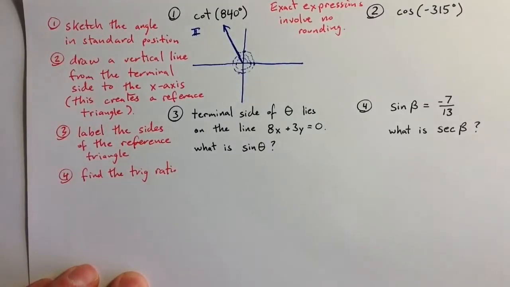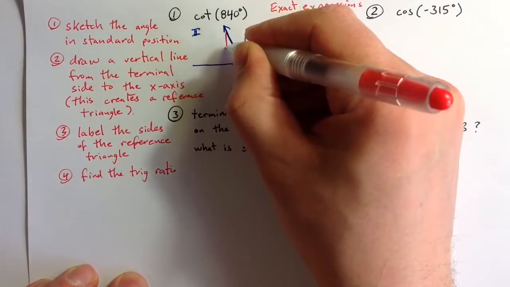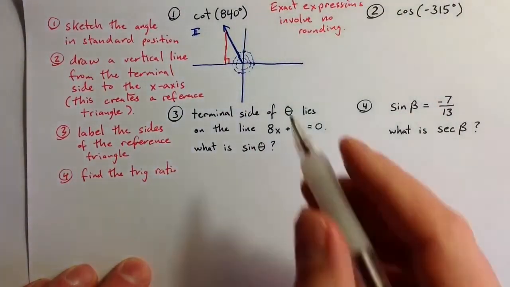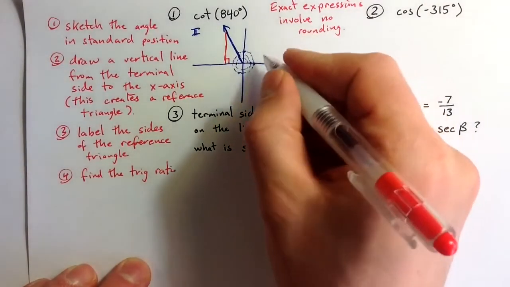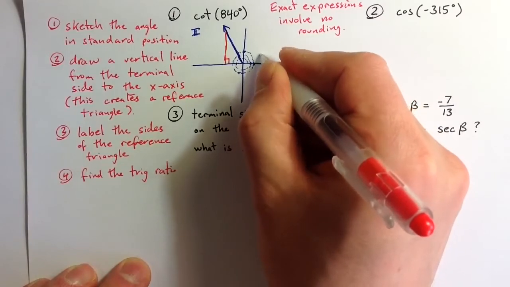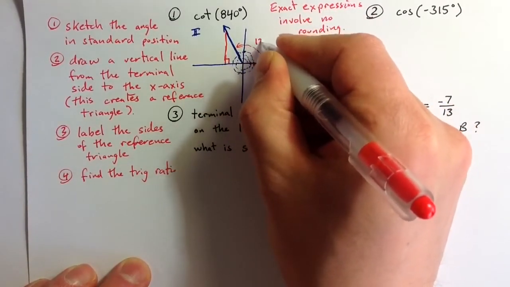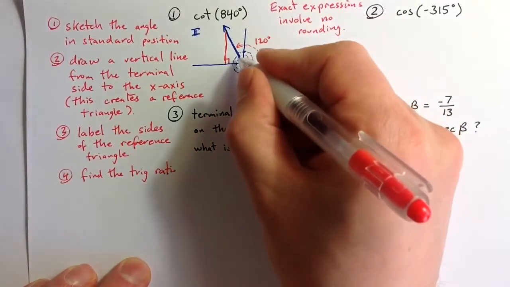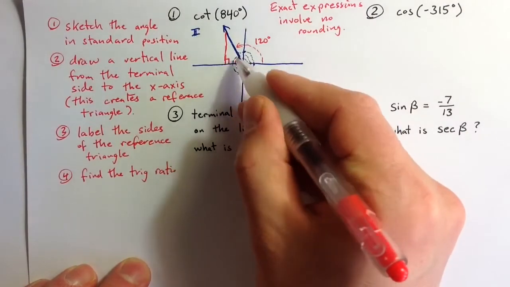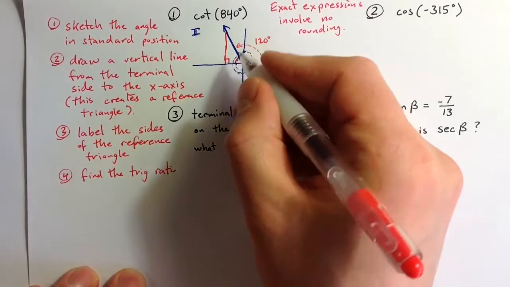And to think about the reference triangle, I want to draw a vertical line down to the x-axis. And if you think about that right triangle, because we went 720 degrees, a coterminal angle to 840 would be 120 degrees, which means that the reference angle, the angle created by the terminal side and the closest x-axis, would be 60 degrees.